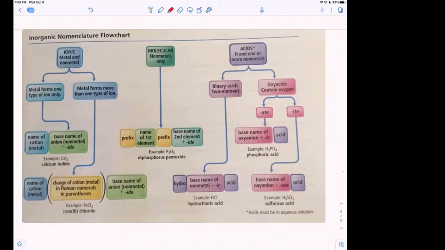If it's ate, you drop the ate and put ic. So phosphate is PO4 3 minus, H3PO4 is phosphoric acid. And if your oxyanion ends in ite, you change the ite to ous and write the word acid. So sulfite becomes sulfurous acid.